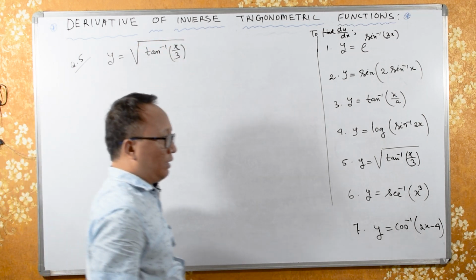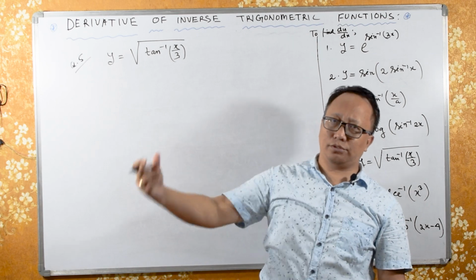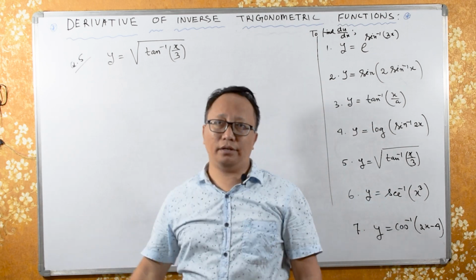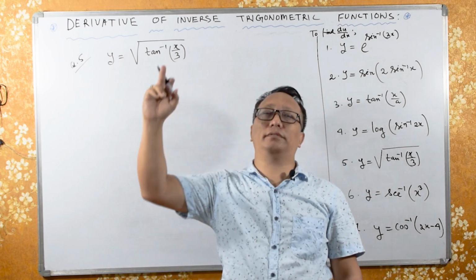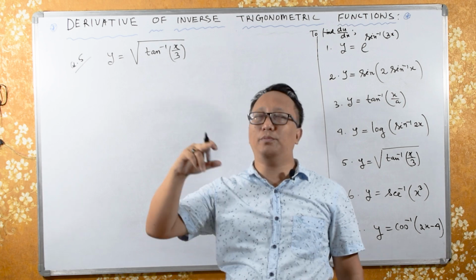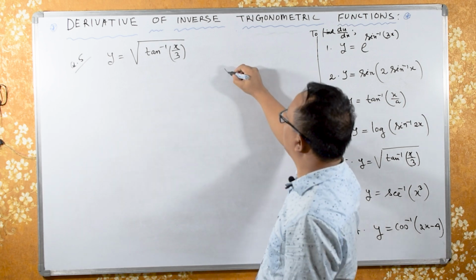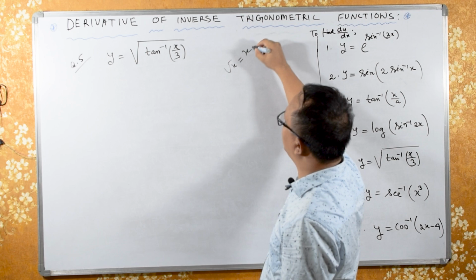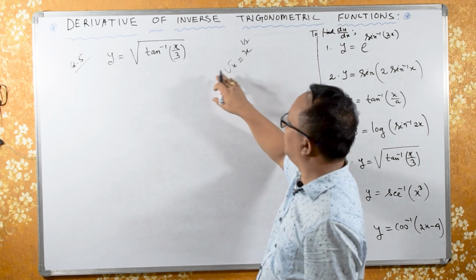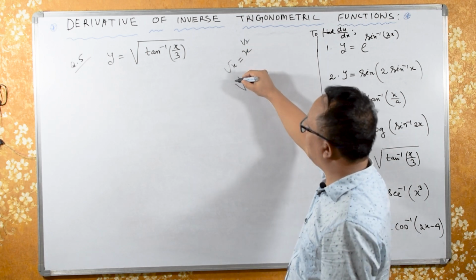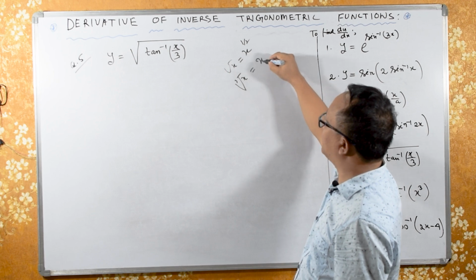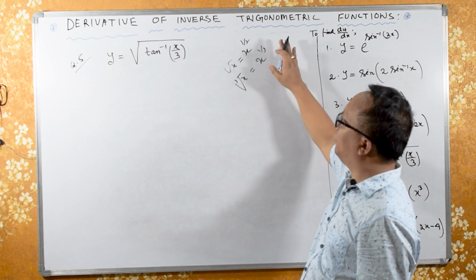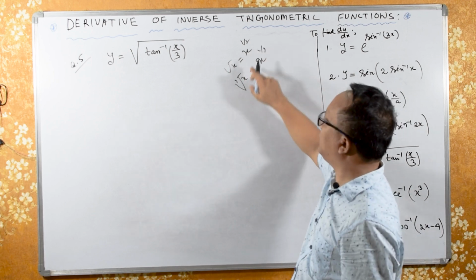This square root is what? Square root of x is the same as x raised to half. Cube root of x is what? X raised to 1 by 3. If you like this also same, this also same.